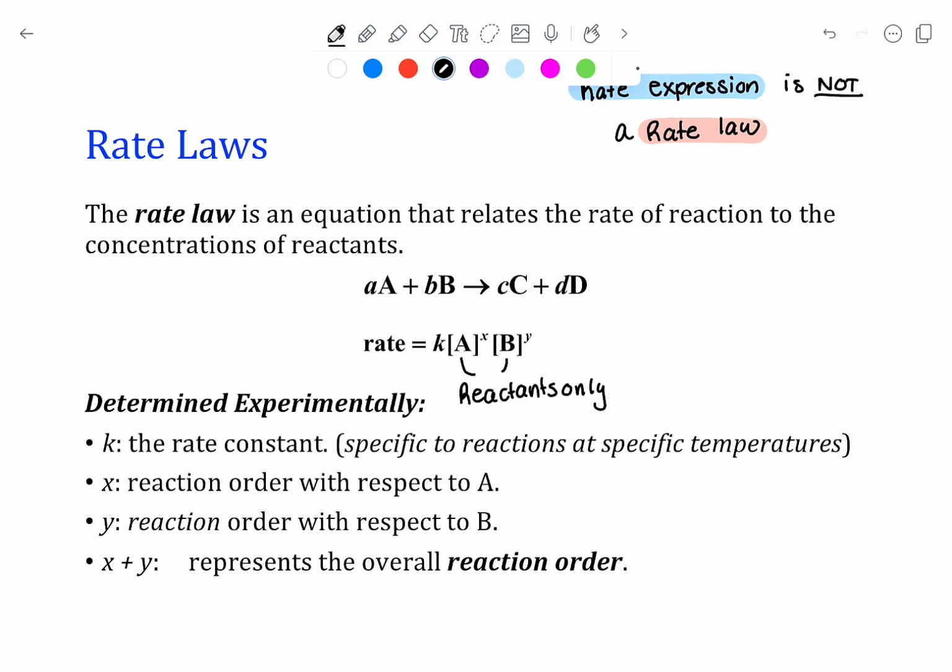Now, another thing to note here is that as we've seen both in this chapter and in previous chapters, whenever we have a mathematical expression based off of a balanced equation, we have to utilize our coefficients. But rate laws do not use coefficients to tell us anything about the reaction rate.